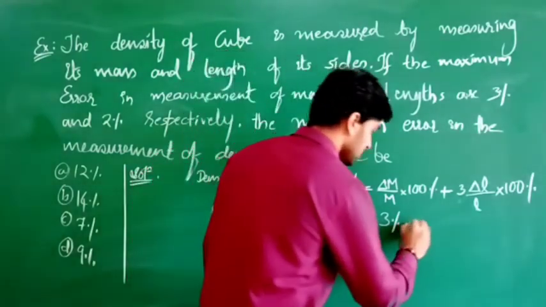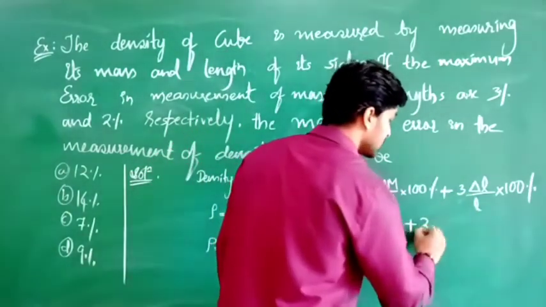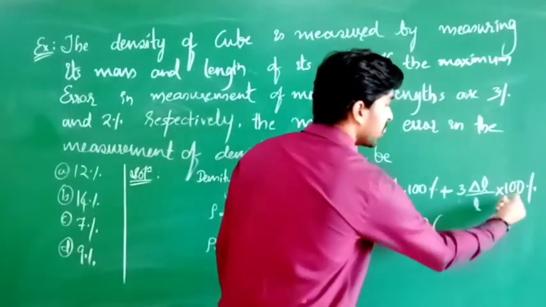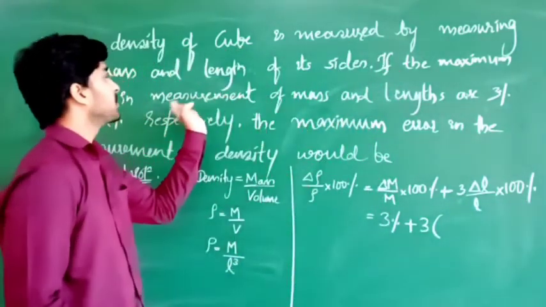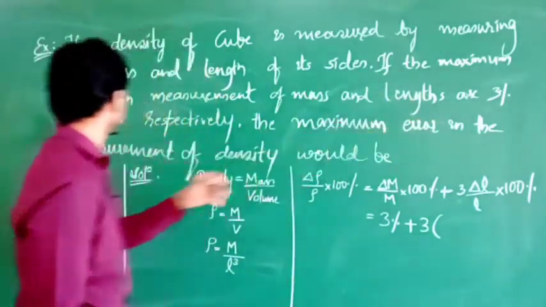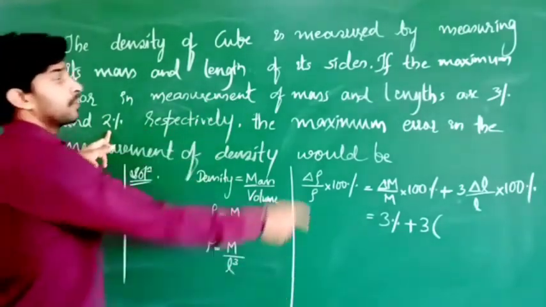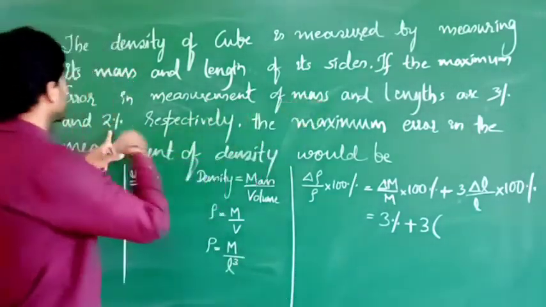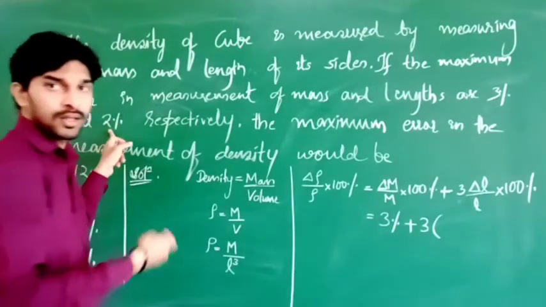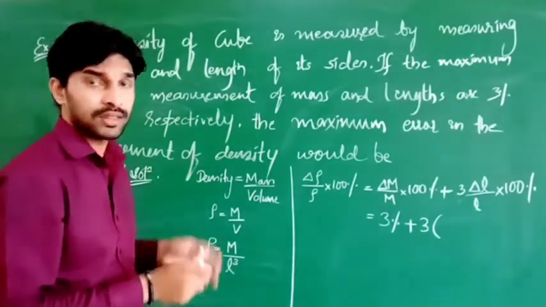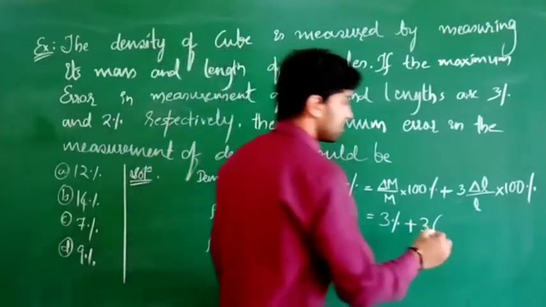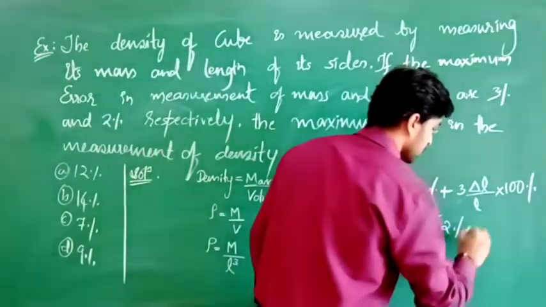Clear? Plus here we are having 3, as it is I will be mentioning. 3% stands for maximum possible percentage error for mass, and 2% stands for maximum possible percentage error in case of length. So delta L by L into 100% is nothing but 2%.